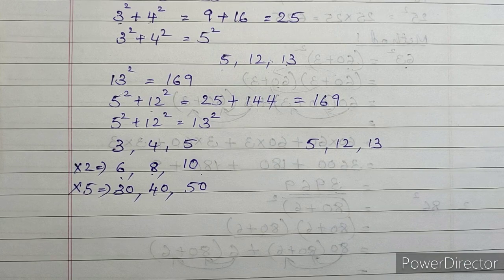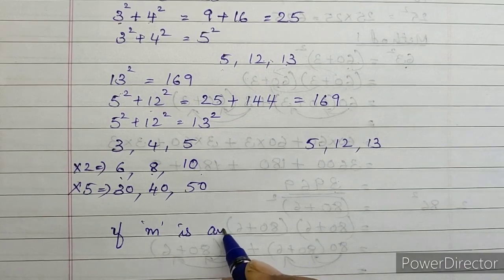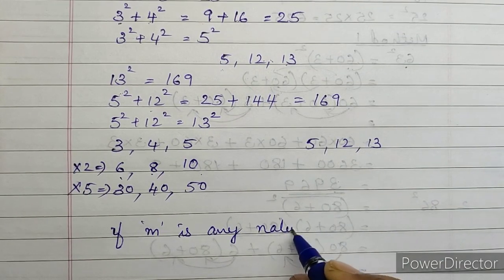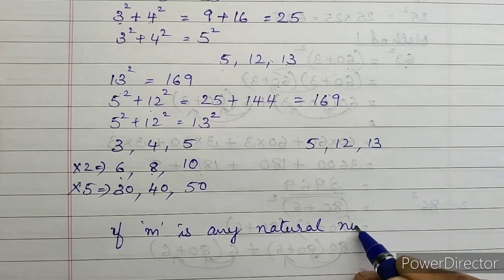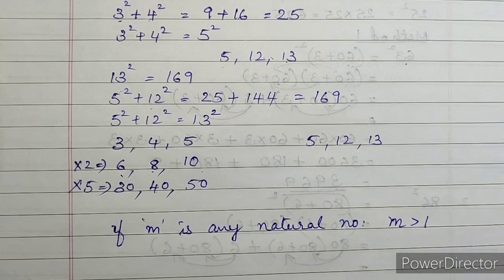If m is any natural number, small letter m is any natural number, and one more condition is that m is greater than 1.